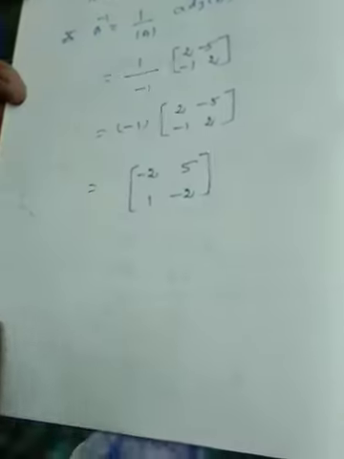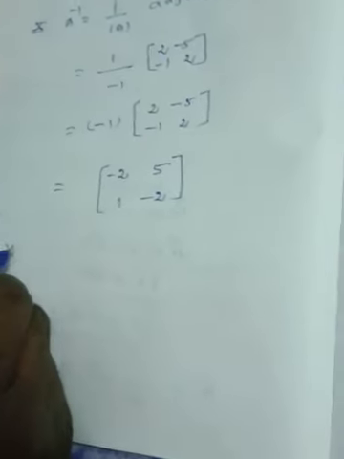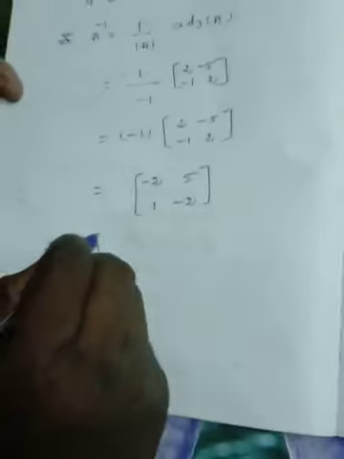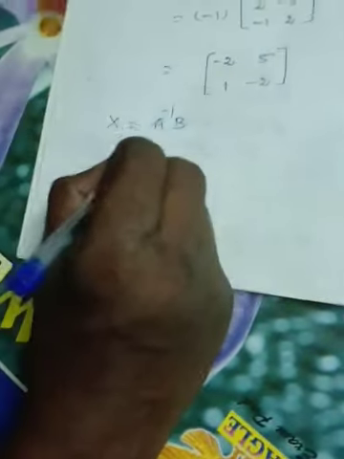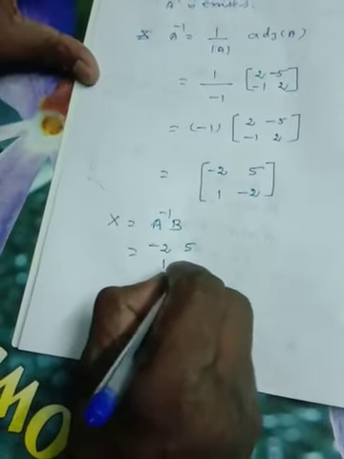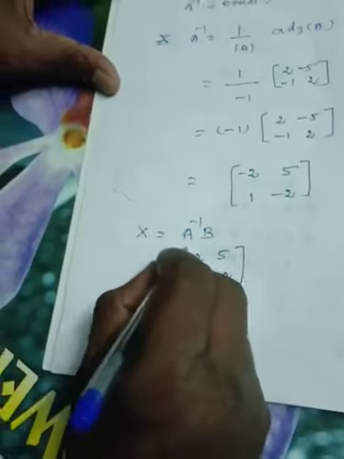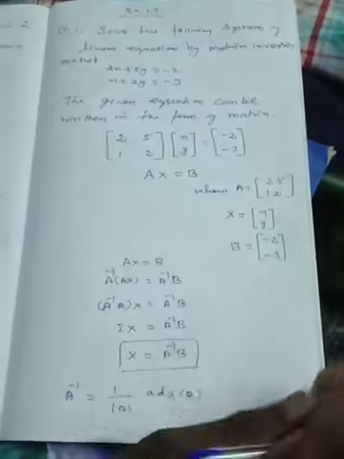Now capital X is equal to A inverse B. A inverse is minus 2, 5, 1, minus 2. B is the constant column: minus 2, minus 3.